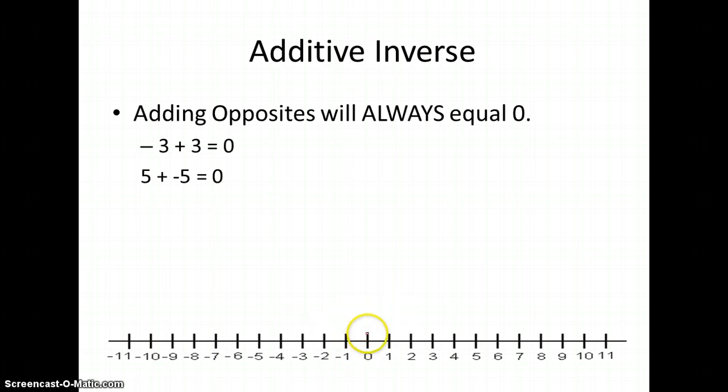When I start at 0 and go to +5, and then add a -5, or move in the negative direction 5 units, it takes me right back to 0. So adding opposites will always equal 0. Now, in your summaries, write an example of your own of additive inverse. Highlight or circle your example.